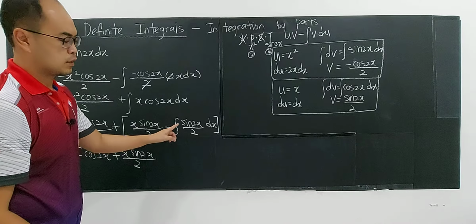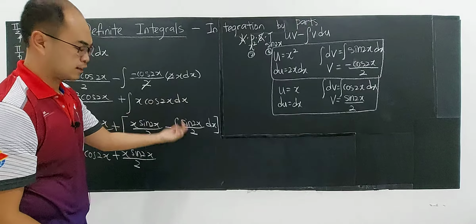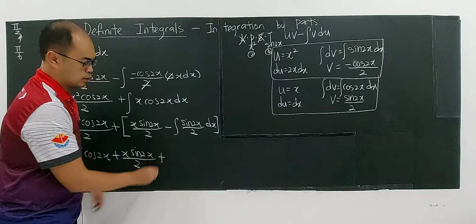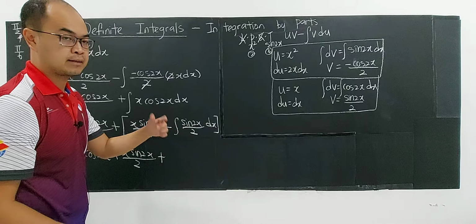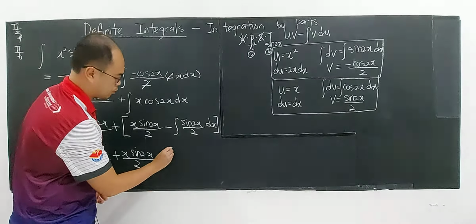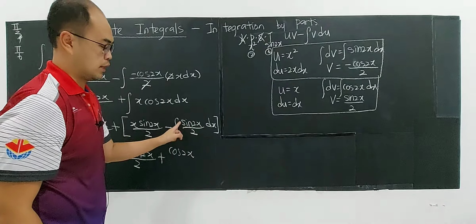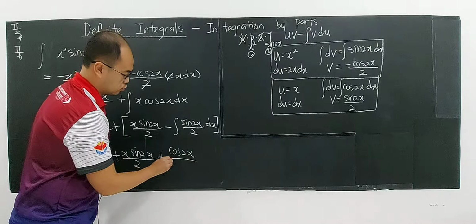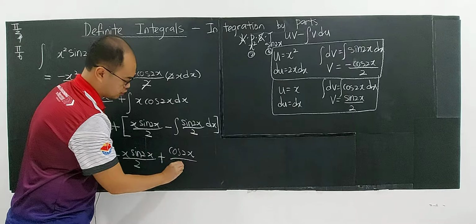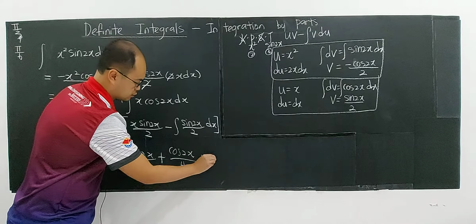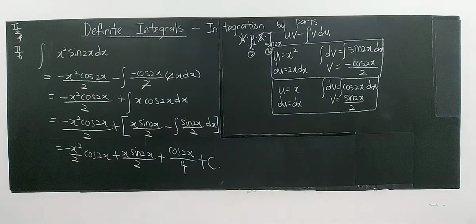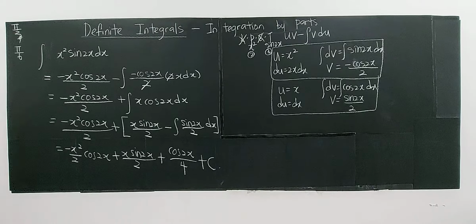Integrating sine, you are getting negative cos, so it turns positive: cos 2x divided by 2, and with 2 and 2 you're getting 4, plus c. This will be your answer when you're doing the indefinite integral.